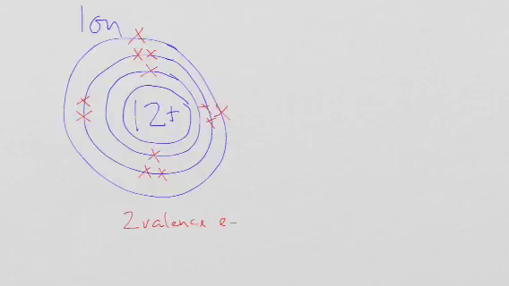That is period 3. Row 3, it's going to have 3 rings, right? And it's going to have 2 on its outermost ring. Now, a full shell is 8 valence electrons, right? Is having 2, is it easier to get rid of the 2 or get 6? It's easier to get rid of the 2.